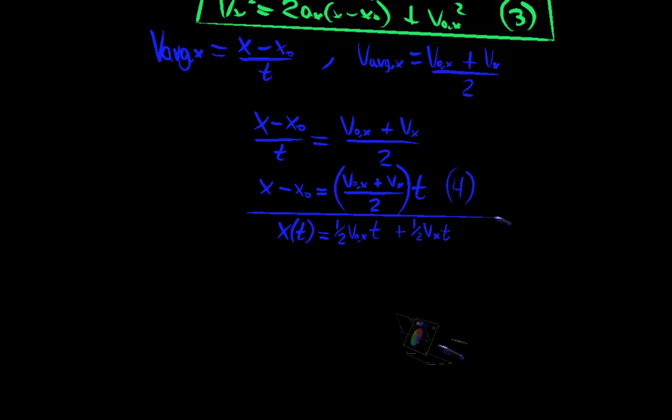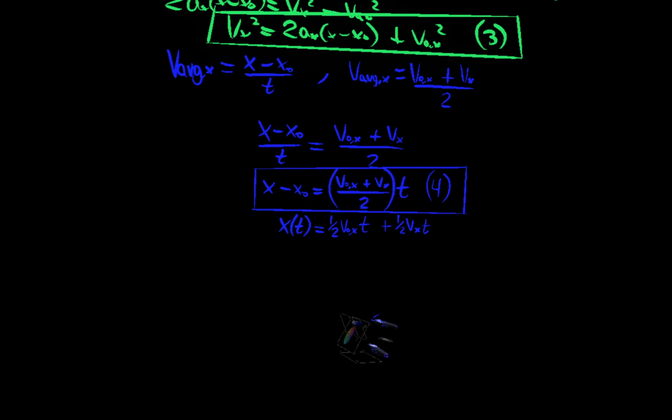And these are the 4 equations that you can reference when you are doing problems that involve constant acceleration. All right. Next video, we will do a few examples that use these equations.